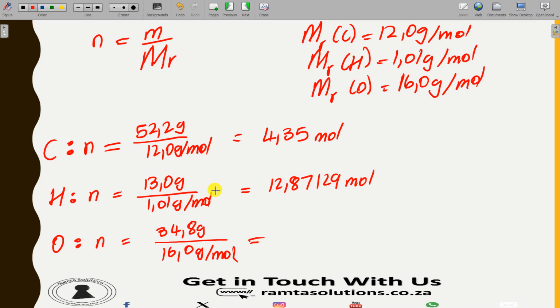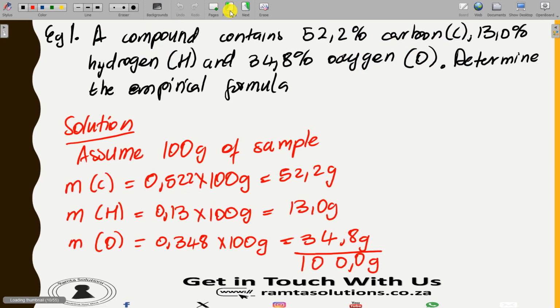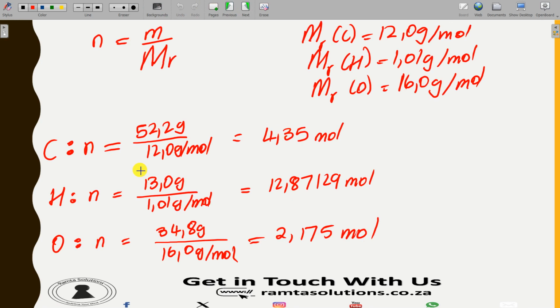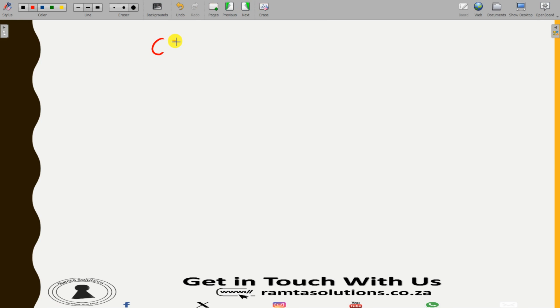Now, 34.8 divided by 16 is 2.175 moles. Remember, I said the empirical formula gives you the simplest ratio of atoms of each element in a substance. Now remember we have carbon, hydrogen, and oxygen.